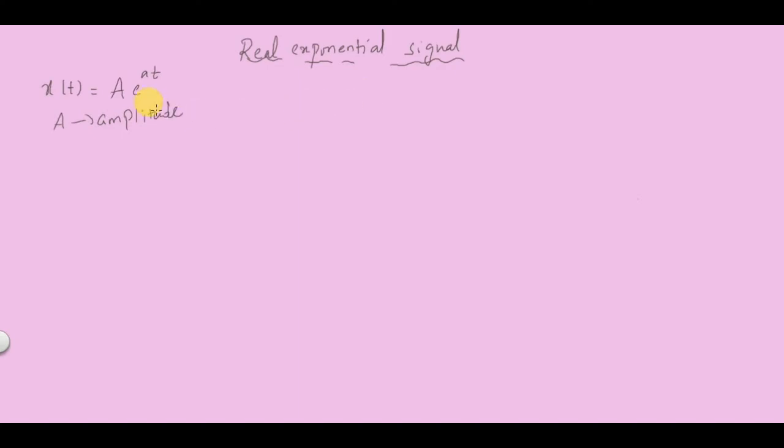Depending on the value of this small a, we have three different types of signals in this real exponential signal.